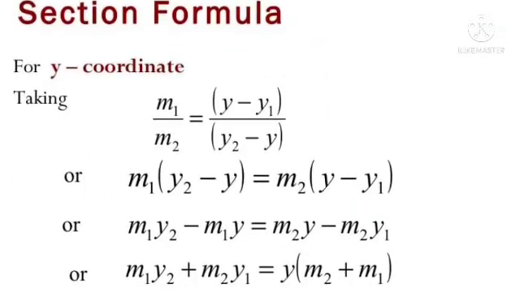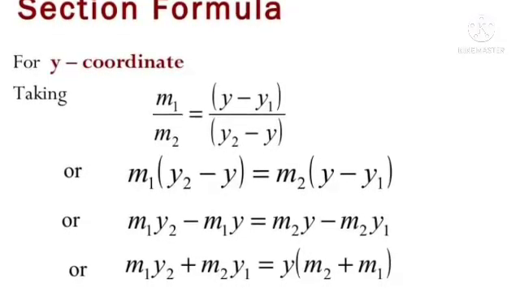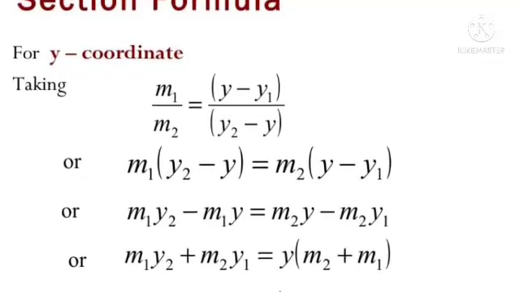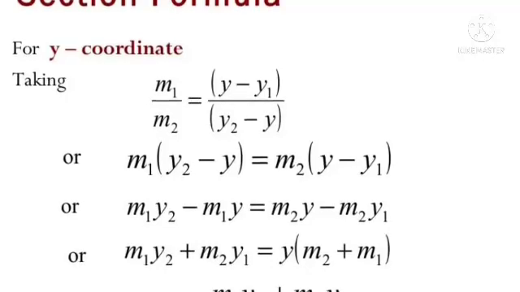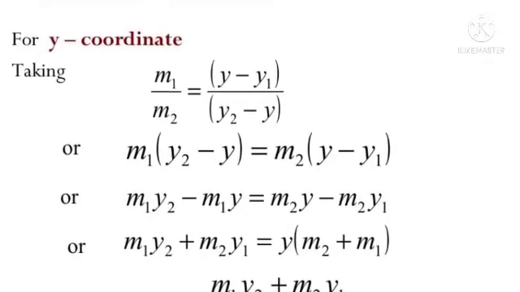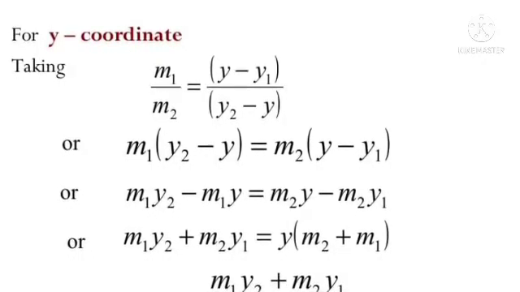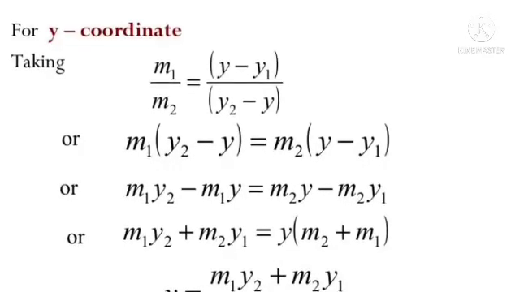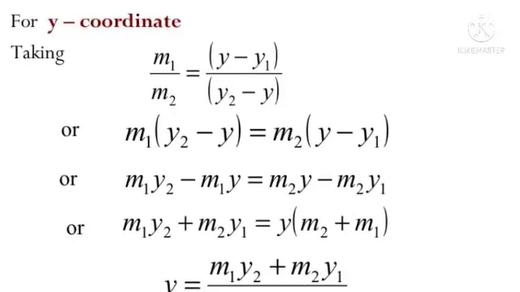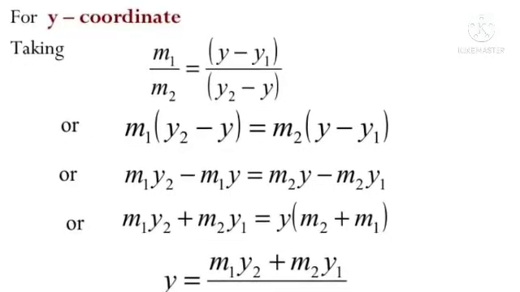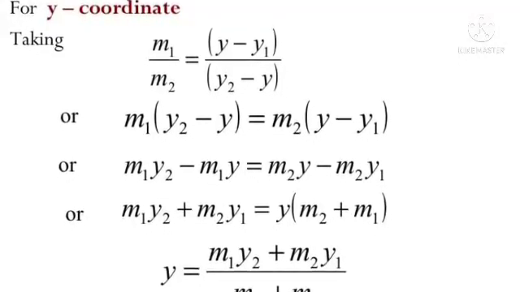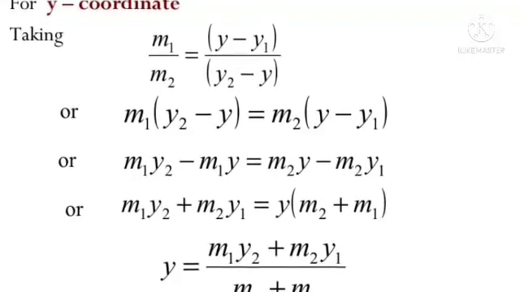Section formula for the y coordinate, taking m1 upon m2, is equal to (y minus y1) divided by (y2 minus y), or m1 times (y2 minus y) is equal to m2 times (y minus y1), or m1 y2 minus m1 y is equal to m2 y minus m2 y1, or m1 y2 plus m2 y1 is equal to y times (m2 plus m1).